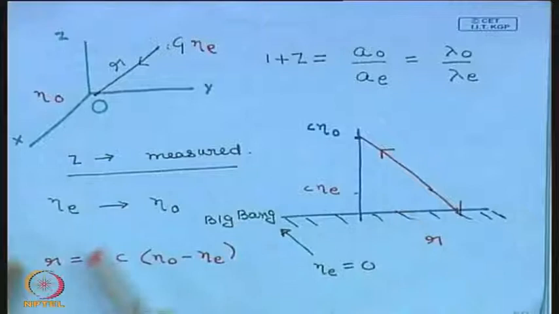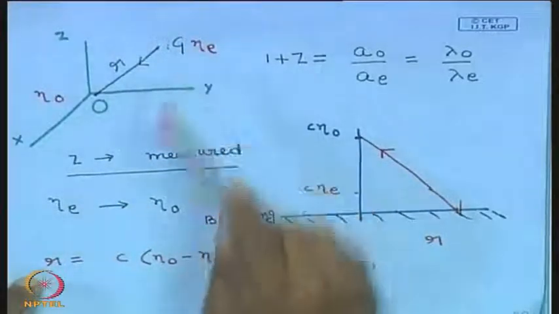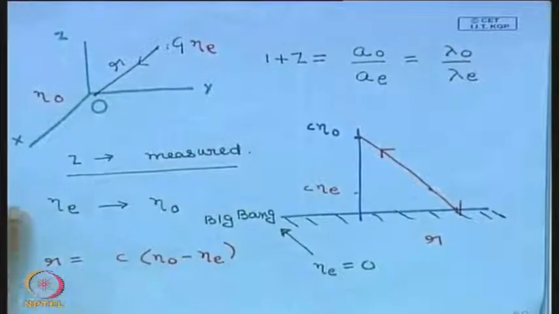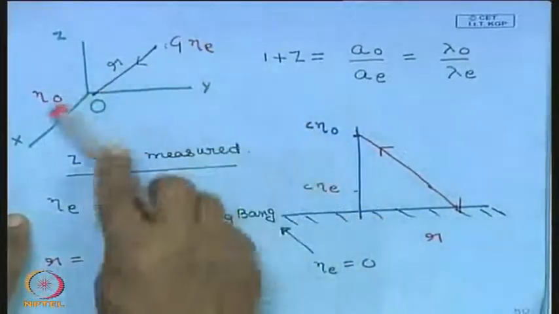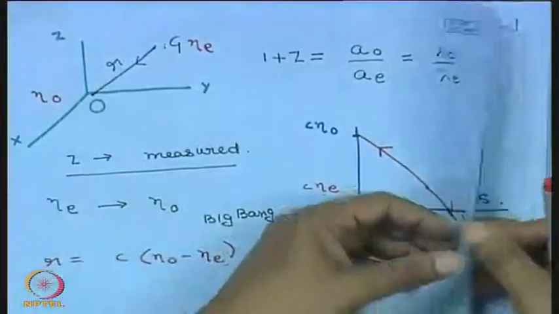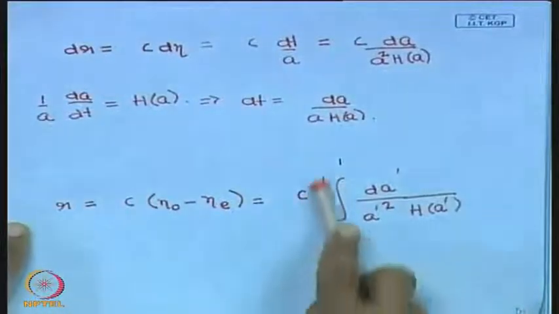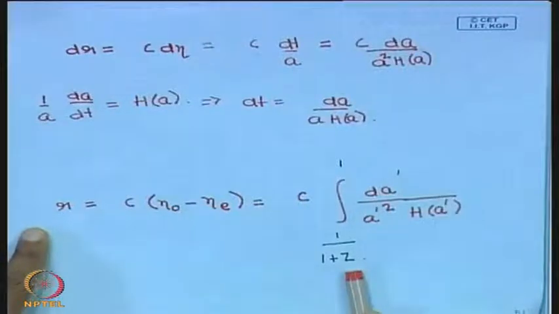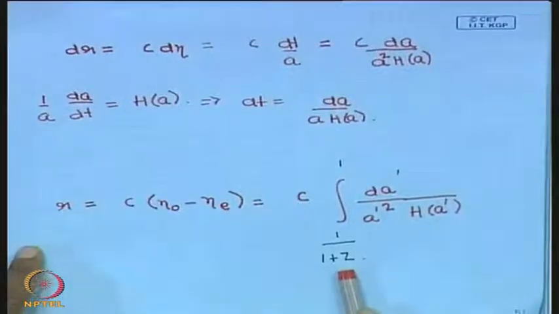And the comoving distance to this galaxy is equal to c times the difference in the conformal time between these two events, and we worked out how to calculate this. So, to calculate this you have to carry out this integral. This integral allows us to determine the comoving distance to any source whose redshift is known.